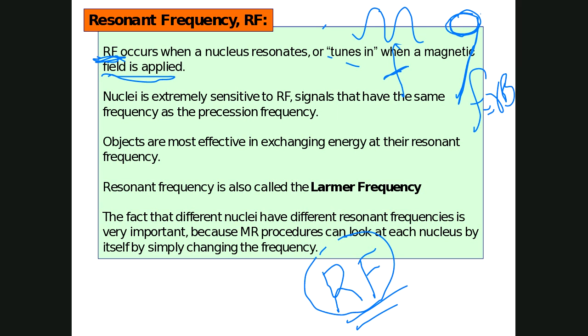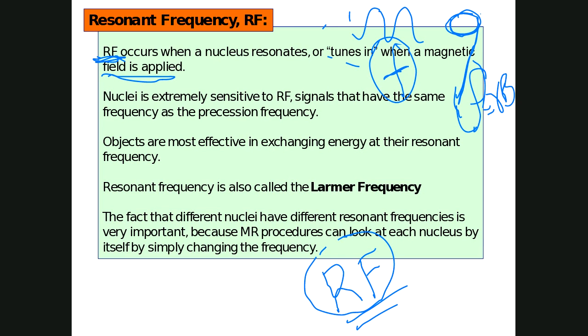So if I apply an external radio or electromagnetic wave that has the same frequency as the precession frequency, then we say this is resonance. They both have the same frequency, the precession frequency and the external one.